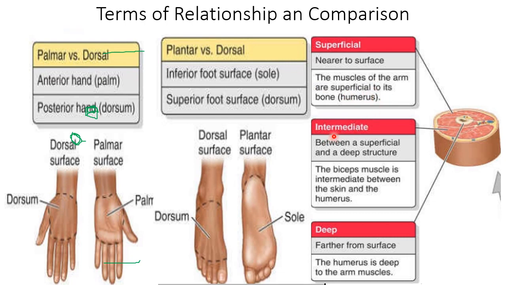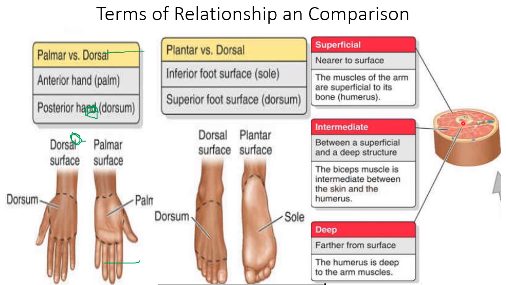Then there is intermediate. Intermediate means that it is between superficial and deep. When a body part is between a part which is superficial and another part which is deep, that part is intermediate. An example: the biceps muscle is intermediate between the skin and the humerus.